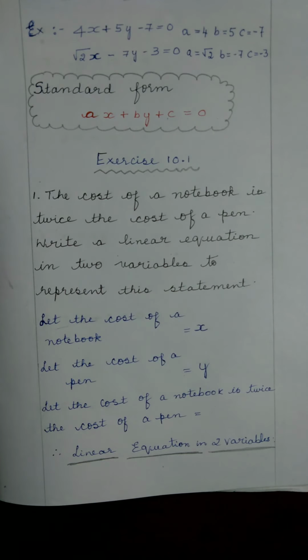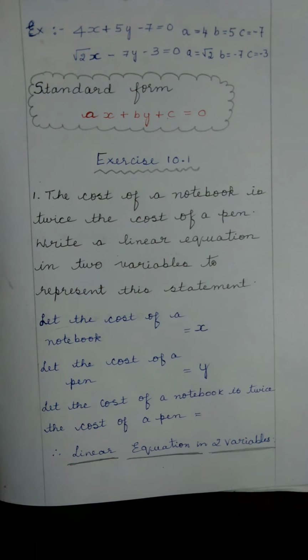Now, the cost of a notebook. What is the cost of a notebook? We have considered the cost of a notebook as x, which is twice the cost of a pen. Twice means 2. Therefore, the cost of a notebook is twice the cost of a pen.